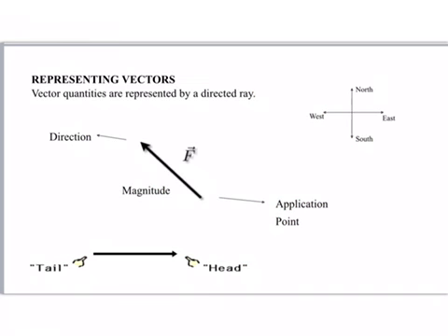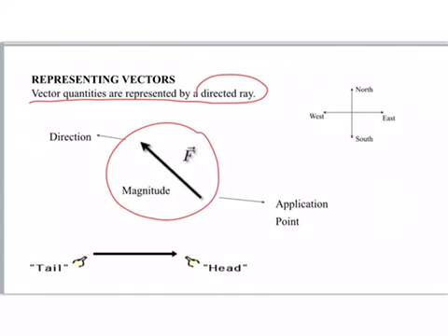How do we represent vectors? Vector quantities are represented by a directed ray. So here you see a directed ray. The arrow shows you the direction of the vector. The length of the vector shows you the magnitude.